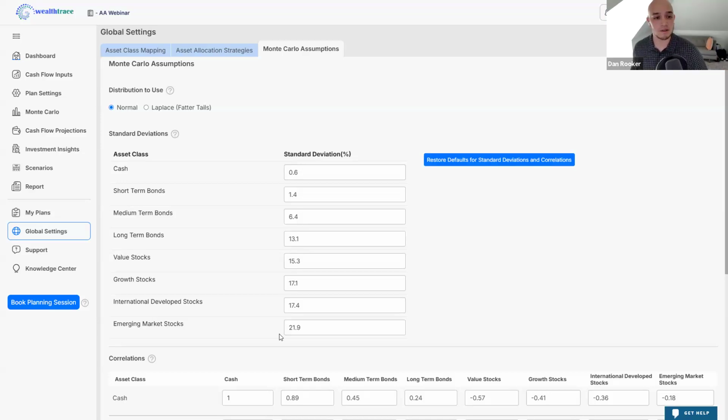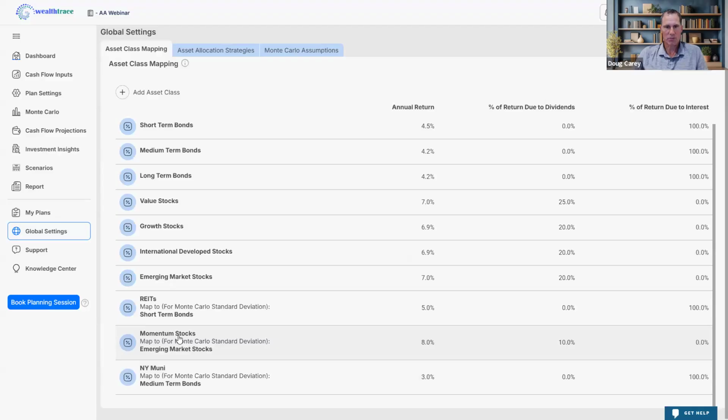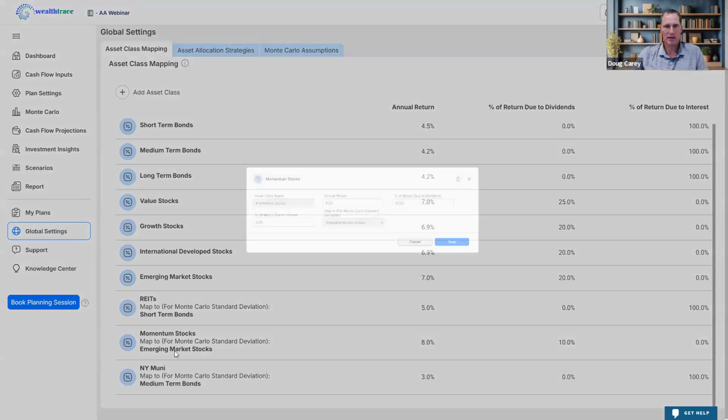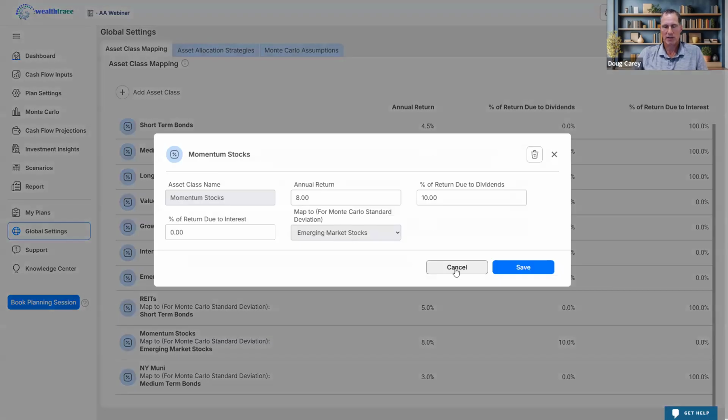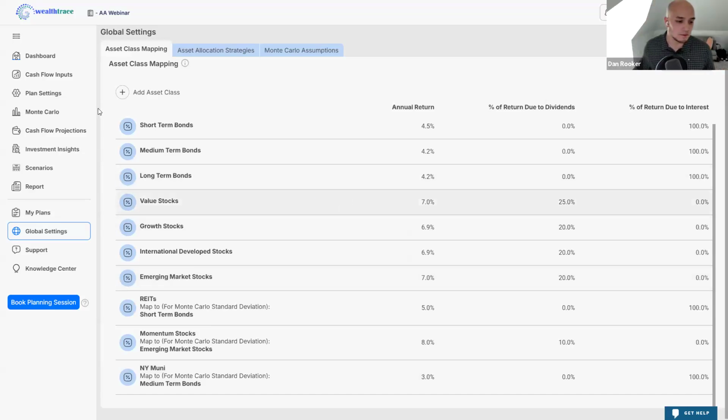And if you're going to bet somewhere, bet that volatility is higher than you think it is. So if you don't have any emerging market stocks and you want to create crypto as an asset class and you say its standard deviation is 30%, you can set this to 30, save it, and then create your crypto and map it like I did for the momentum stocks, map it for Monte Carlo purposes to emerging markets. That would suffice. A great solve.